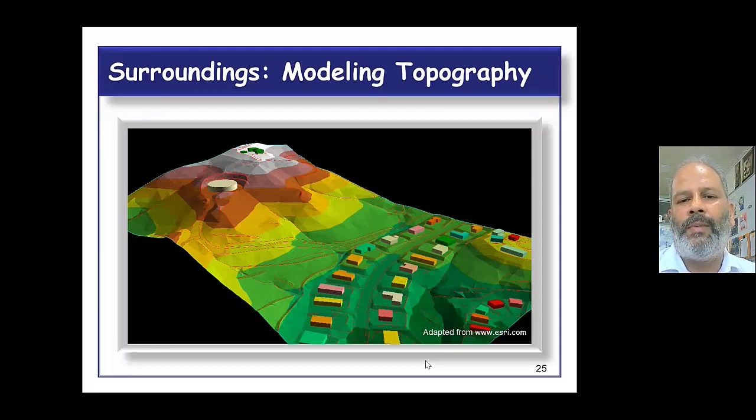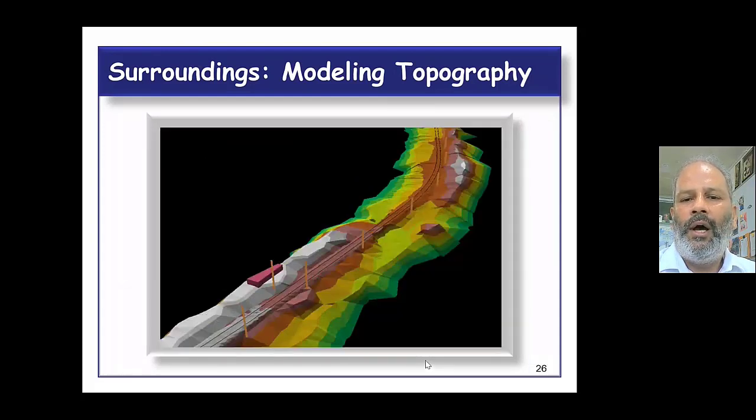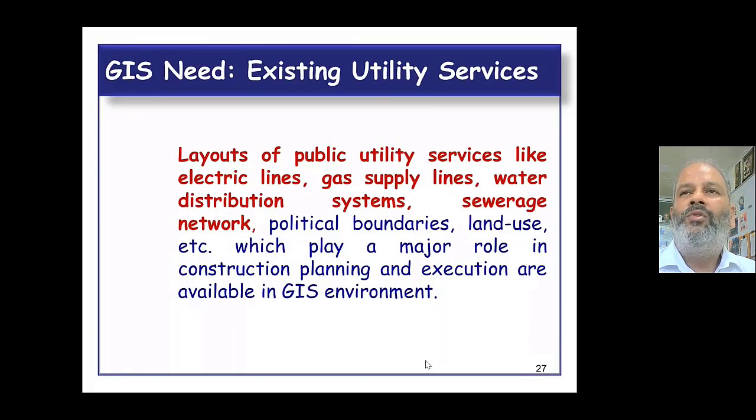So the layout of this pipeline from origin to destination has been given. Another is the modeling of this railway line. Along with this, we have the layout of public utility services, like electrical lines, gas supply lines, water distribution system, and sewerage network, or other land use which are already there in GIS.